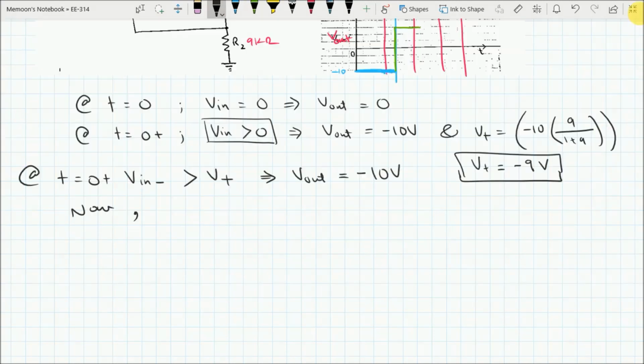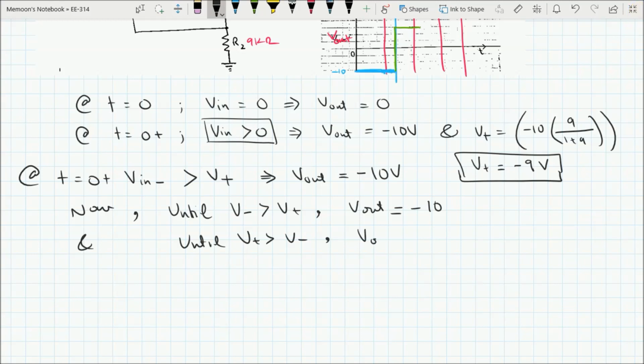So now, until V negative is greater than V positive, V out will remain equal to negative 10, and until V positive is greater than V negative, V out will be equal to positive 10. So what is the value of V positive now?